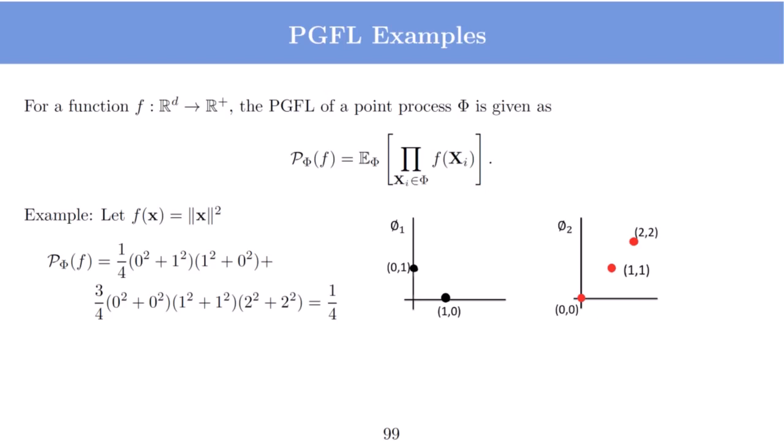Here it is 1, here it is also 1, so the product is 1. This means this product takes value 1 with 1 by 4 probability. Similarly here, this is 0, this is 2 and this is 8, so the product is 0. So this takes value 0 with 3 by 4 probability. So the expected value would be 1 by 4.